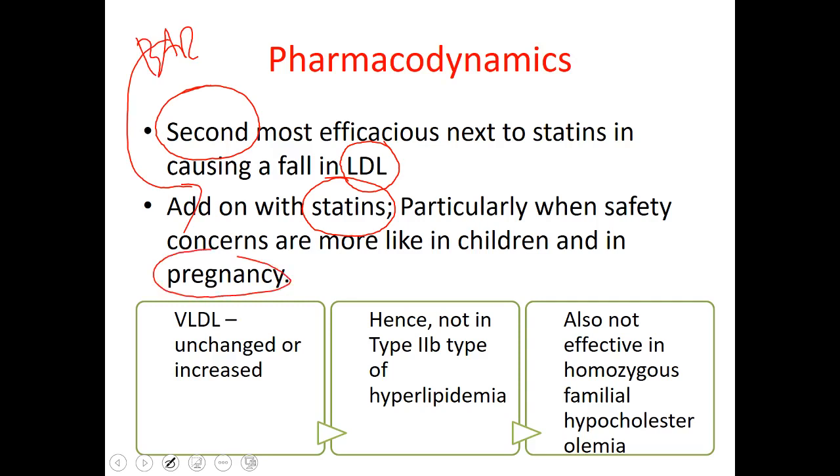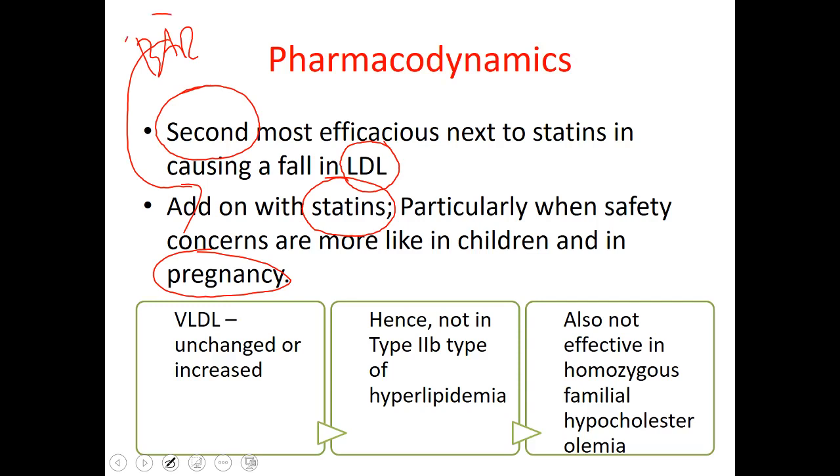Third, a pregnant patient. In a pregnant patient, if you want to use a drug that reduces LDL cholesterol, statins might cross the blood placental barrier and might result in congenital anomalies.